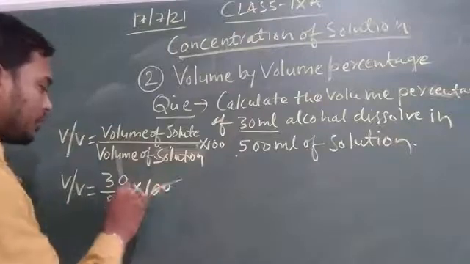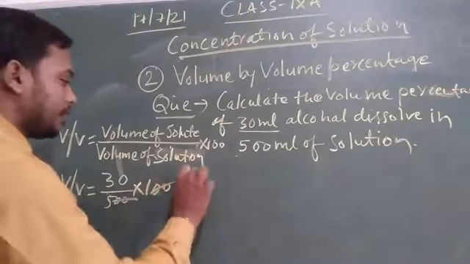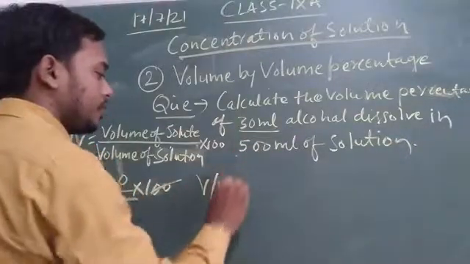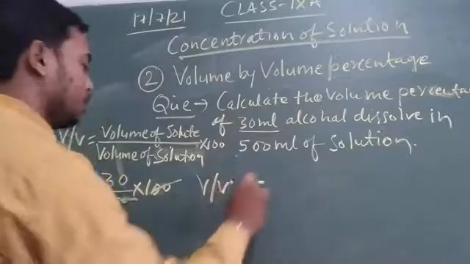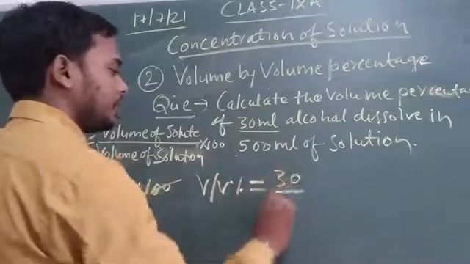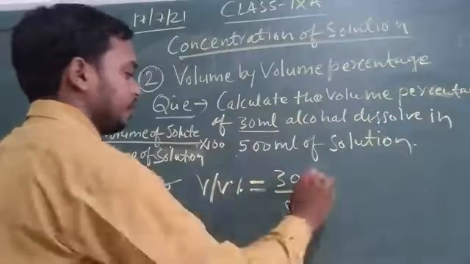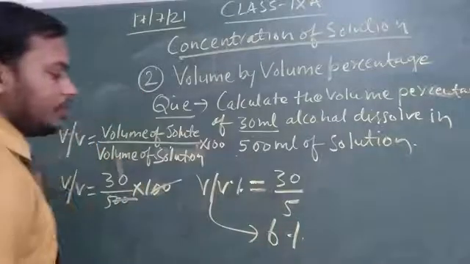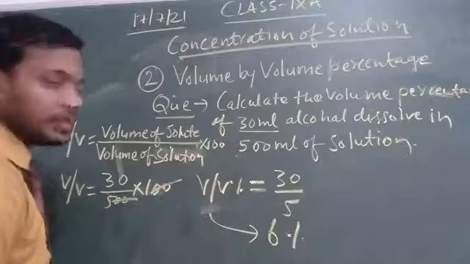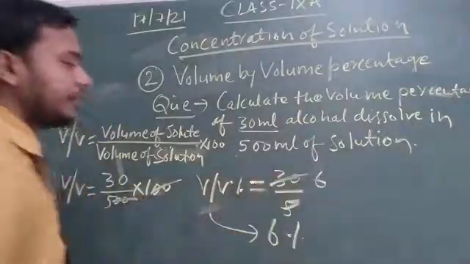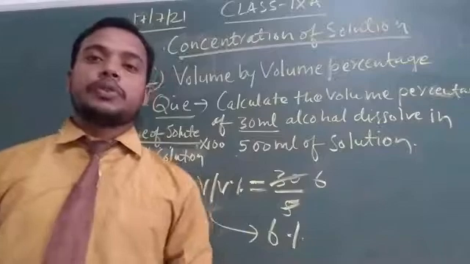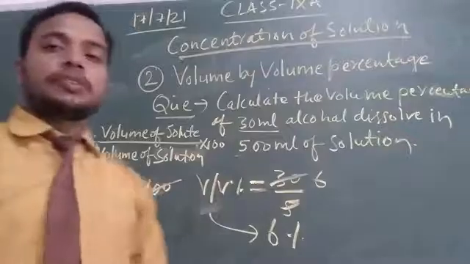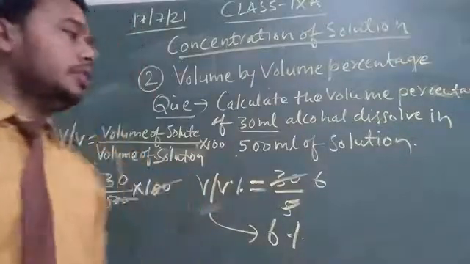Now the zeros cancel. Volume by volume percentage is equal to 30 upon 5, which is 6%, because we divide by 6. So in this way we can calculate the value of volume by volume percentage.